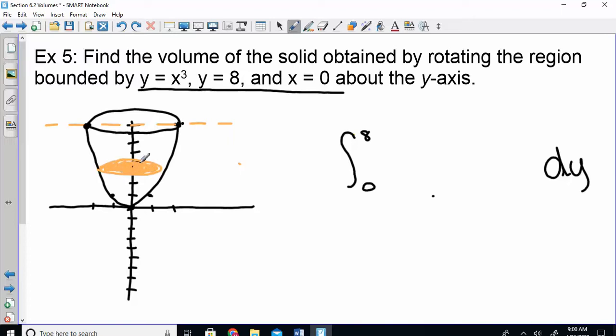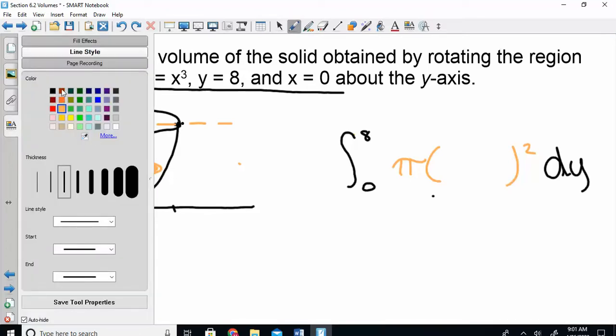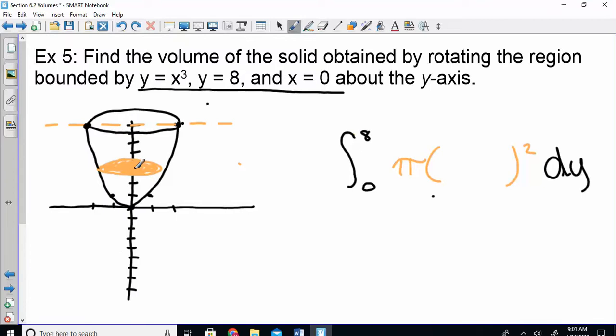And so the area of a section is pi r squared. So the radius, that is from the center, which in this case is the axis, out. So what would you use for that radius?